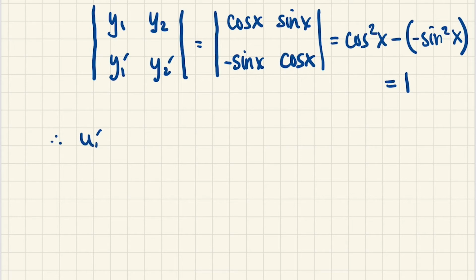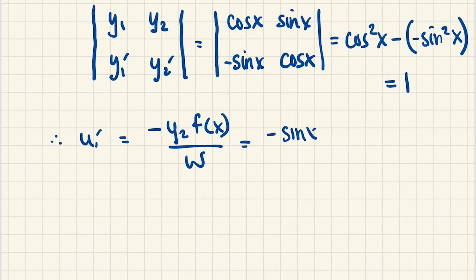So u1 prime is negative y2 times f of x divided by that Wronskian, which is of course just 1, so that's nice. So this will be negative y2, that's sine of x, times f of x, which is tangent of x, all divided by 1. So negative sine of x times tangent of x.